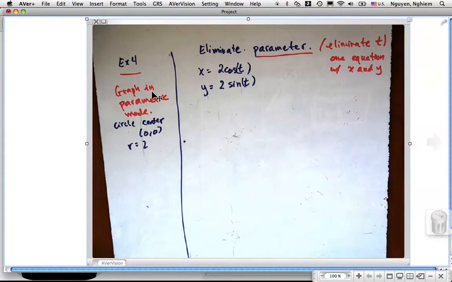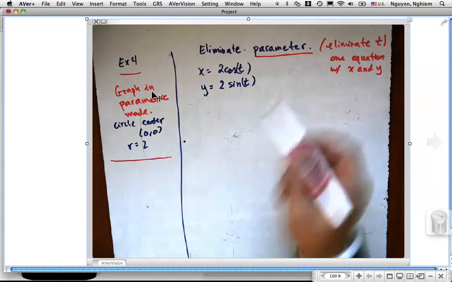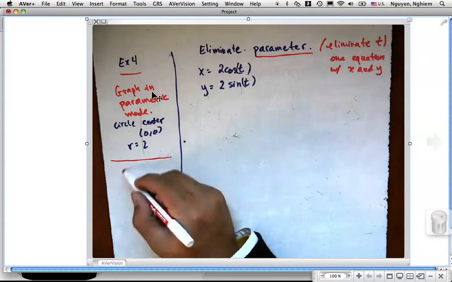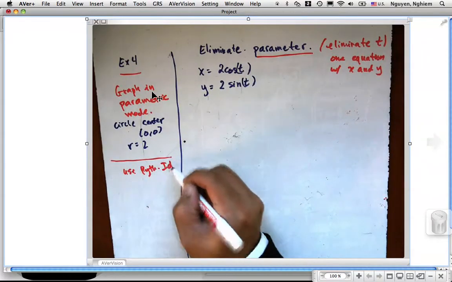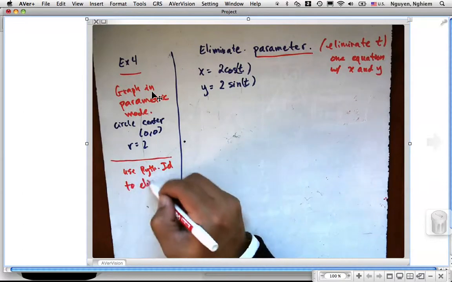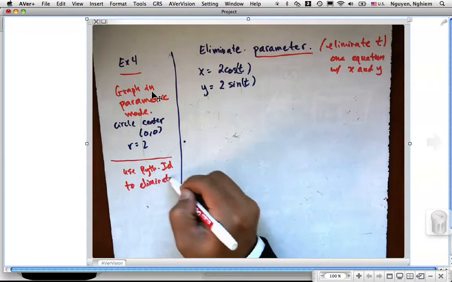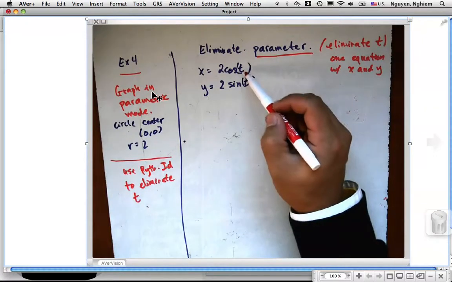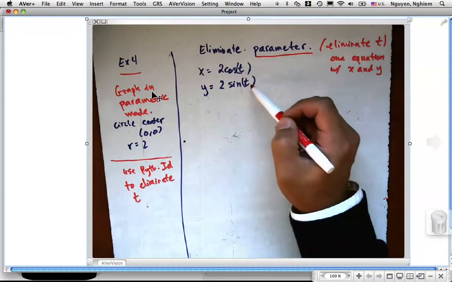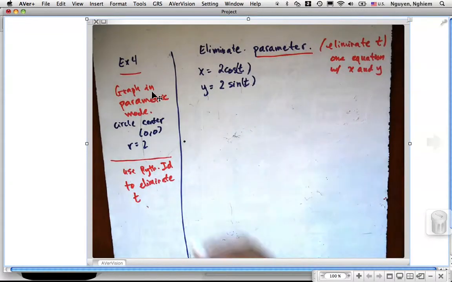My strategy is going to be to use the Pythagorean identity to eliminate t. This is tricky because t is inside of a trigonometric function, and the only way to get rid of t is to use a trigonometric identity, in other words, the Pythagorean identity.